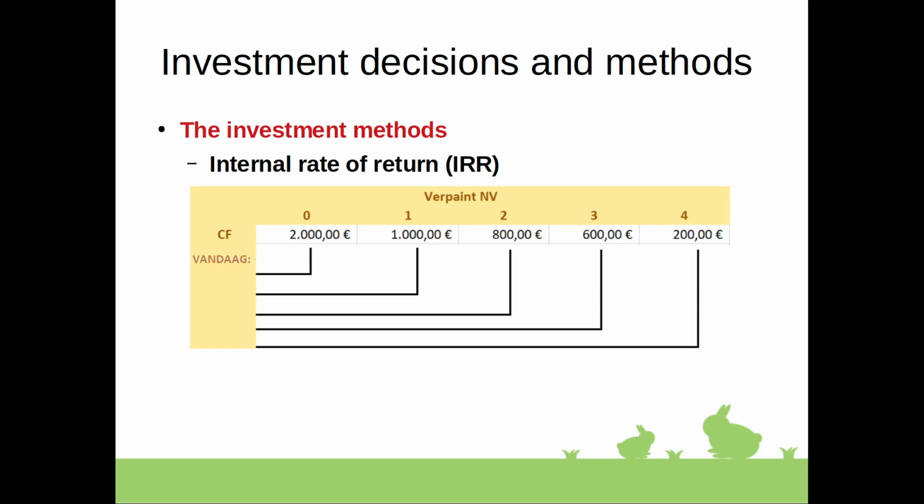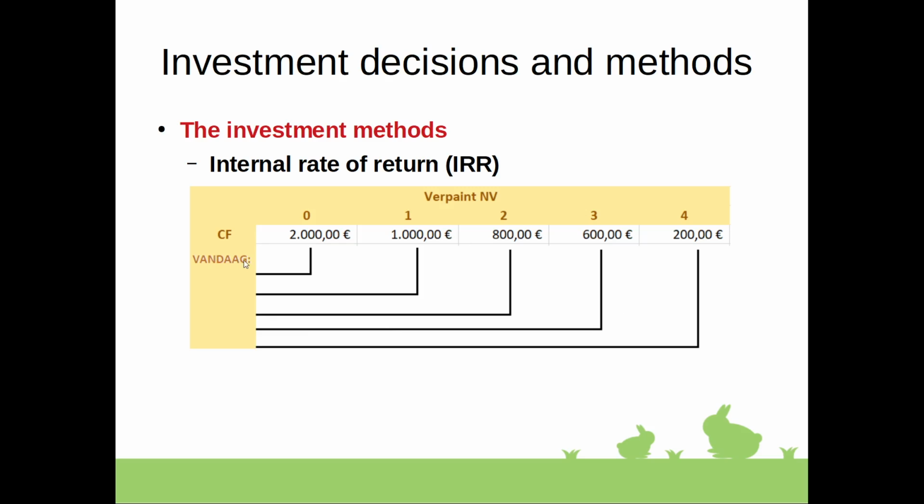Let's take a look. This, once again, looks very much like the previous exercise, right? So imagine, in this case, these are different numbers, different from Mutual Paint and Verpaint, by the way. Imagine that in the first year over here, you have already apparently a cash flow of 2000. You will try to bring everything to today.